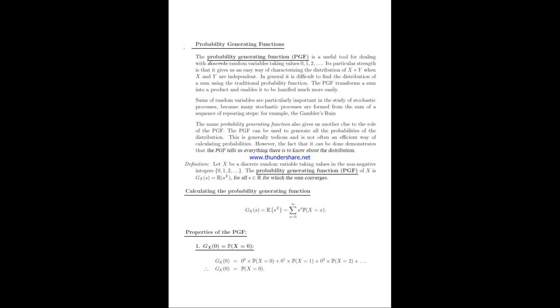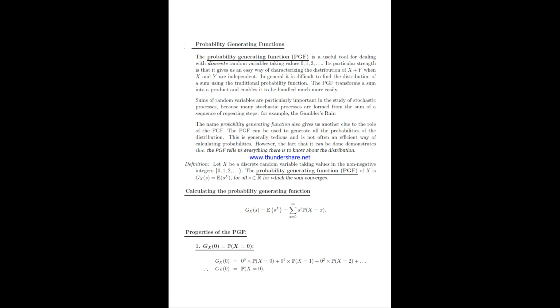And this is also very important when it comes to stochastic processes, because in most stochastic processes we are interested in the summation of random variables. If you can remember, we discussed the summation in the gambler's ruin, where you have a repeated process. In cases like that, we are always interested in the summation of two or more random variables.